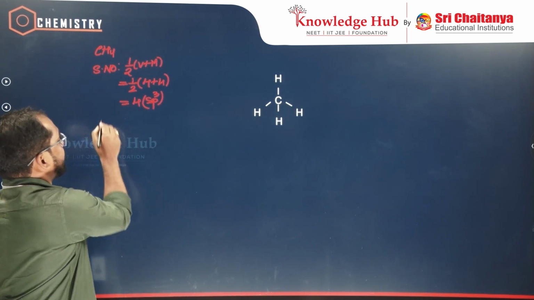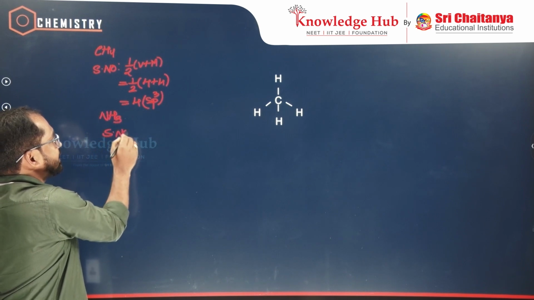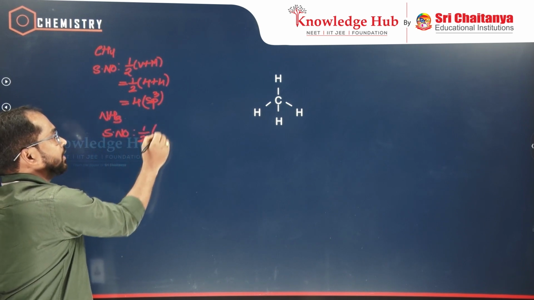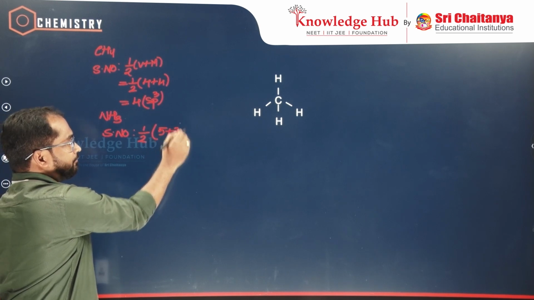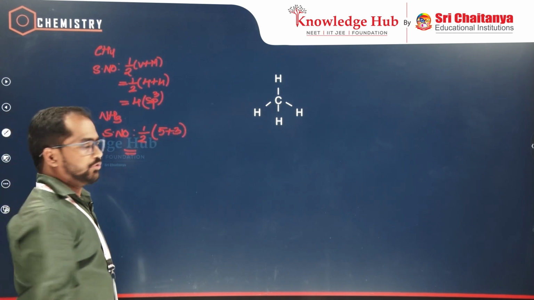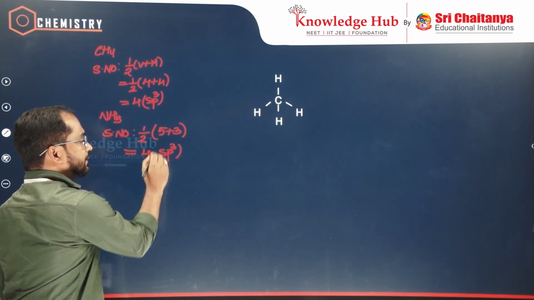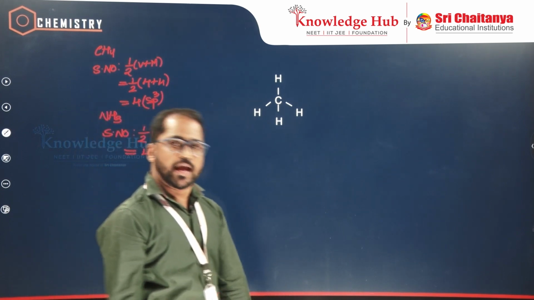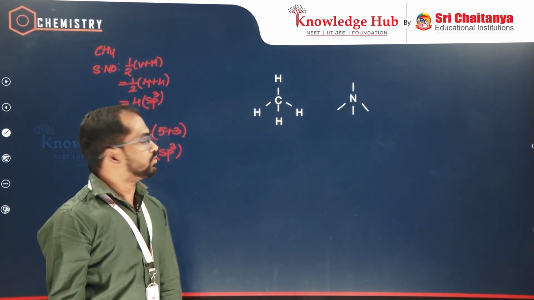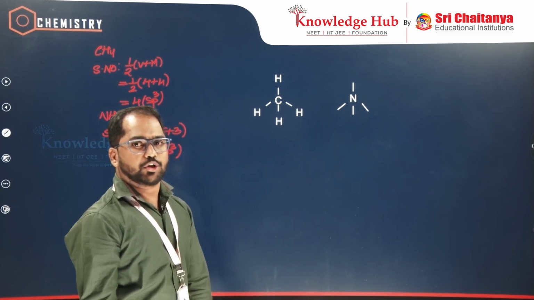Similarly, if we consider NH3, which is ammonia, we can predict the steric number, which is going to be half of 5 plus 3. 5 is the valence shell electrons of nitrogen and there are 3 hydrogens. So it is going to be 4 again, which indicates sp3 hybridization for ammonia as well. That means nitrogen has the same tetrahedral geometry, but there are only 3 hydrogens.